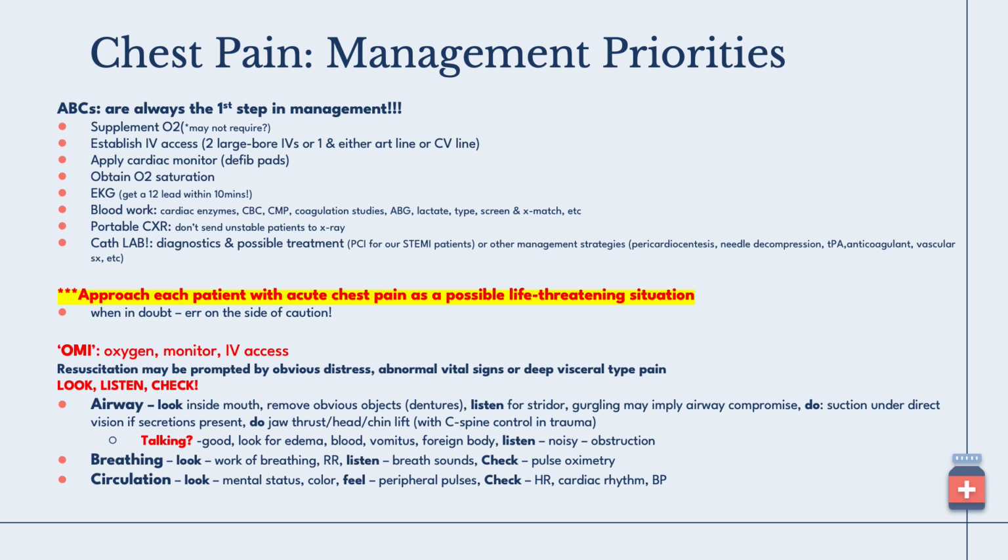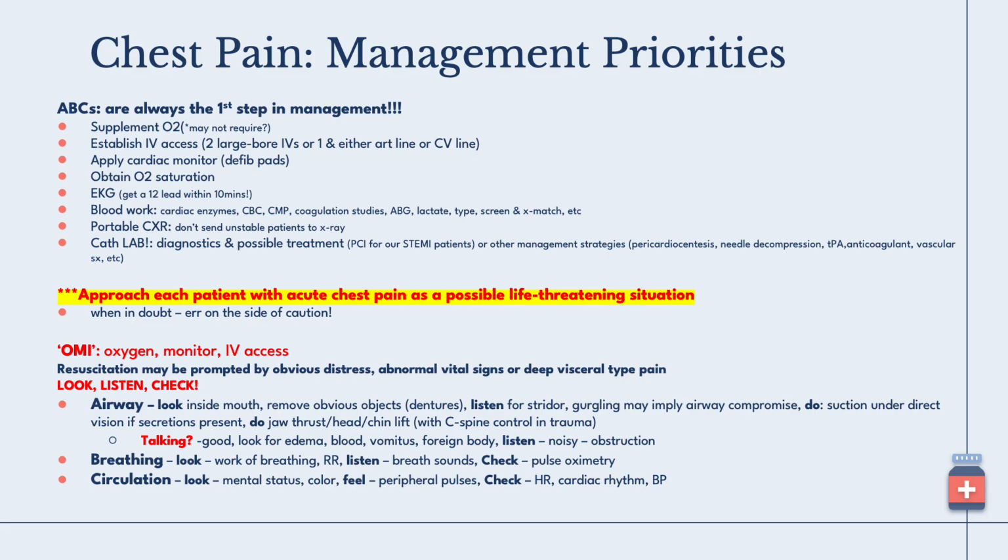Again, we're not sending unstable patients to the x-ray department. And then our patients may need the cath lab. Again, remember from our cardiology, this can be both diagnostic, to determine the number of vessels occluded and the degree of occlusion, and possible treatment. So PCI, so putting in those stents.